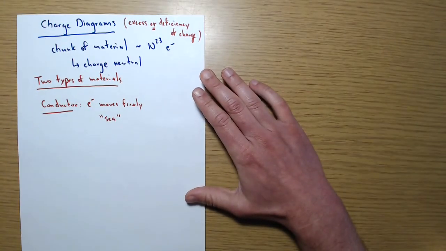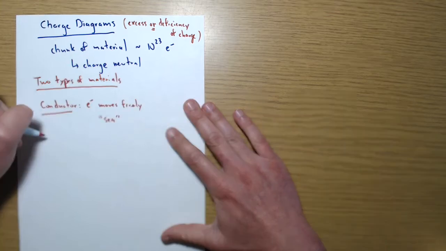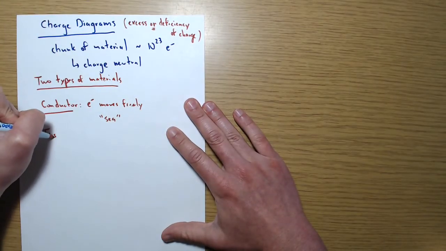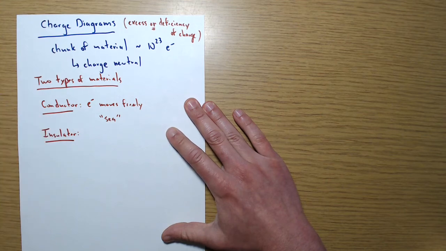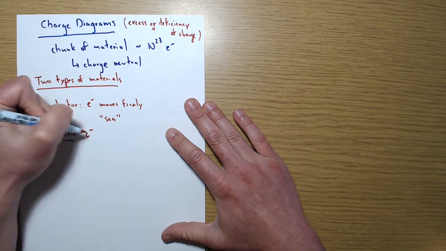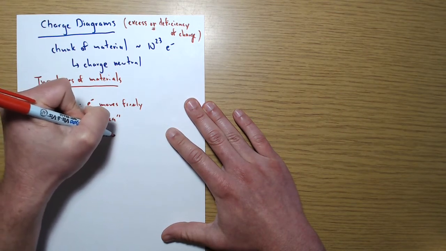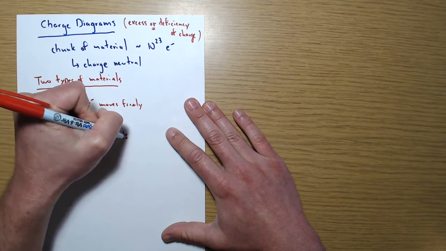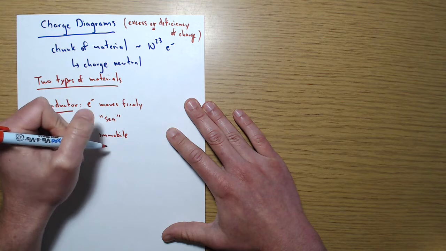So it can sort of dance about freely throughout the material. And then we have what is called the insulator. And the insulator is basically where the electron doesn't move freely, but it's immobile, or we could say it's tightly bound to the nucleus.